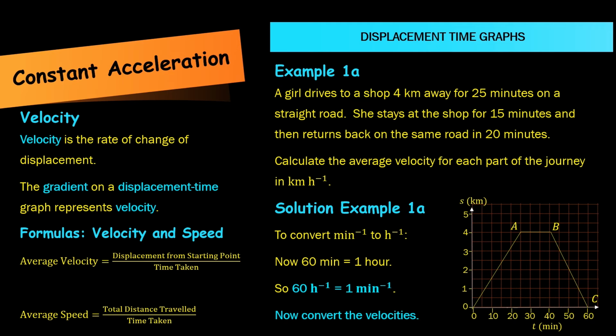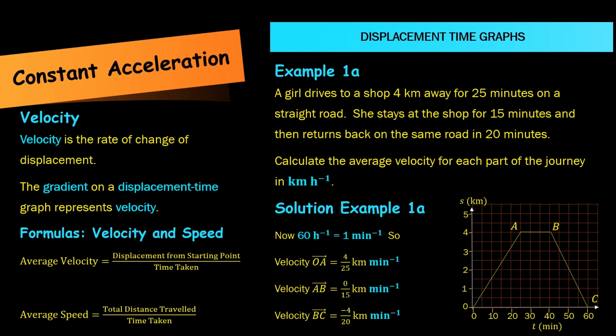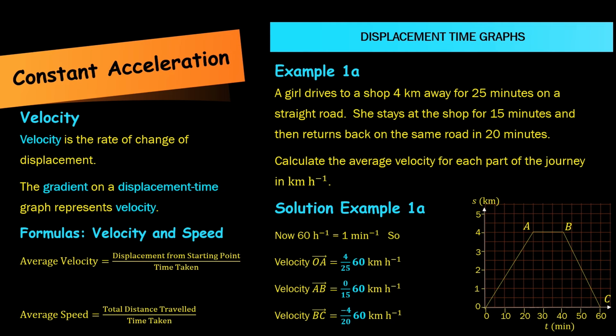So now we can convert the velocities. Since we have 60 h to the minus 1 equals 1 min to the minus 1, we can now substitute as shown. So min inverse is replaced by 60 times h inverse as shown. And this gives us the values as shown.